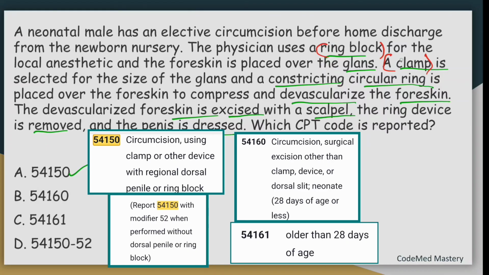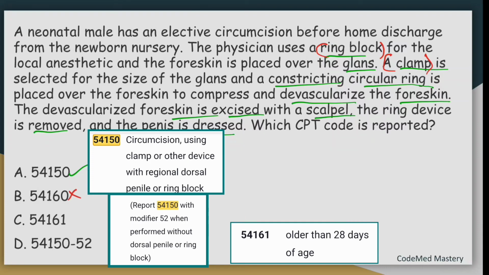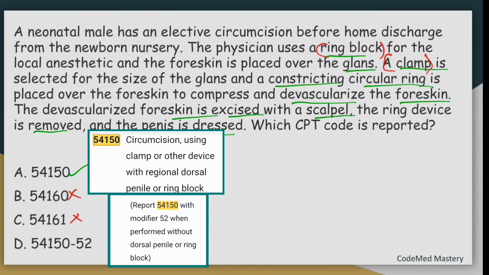It means that 54160 is for without clamp, right? But we have to code with clamp. So eliminate option B. And option C 54161, that is for circumcision surgical excision other than clamp older than 28 days of age. So that is also for other than clamp. So eliminate option C.